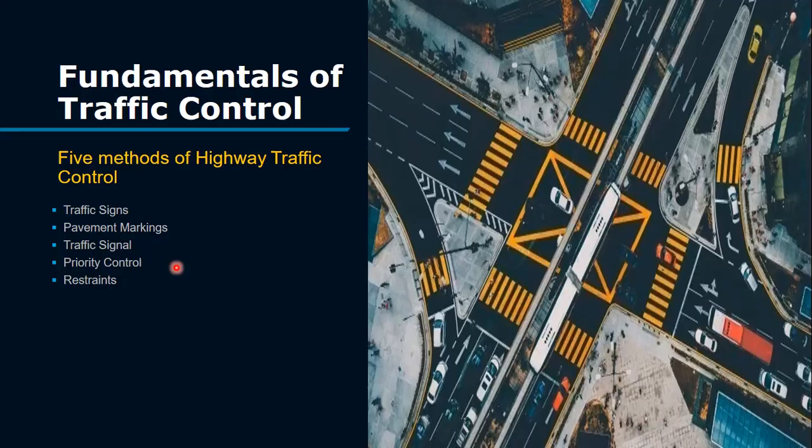And the other one is the restraints. Okay, it is an alternative to banning traffic. So traffic control planners use devices to discourage heavy use of routes. So what are these restraints? An example of restraints is the building of islands in the centers of intersections, forcing drivers to proceed slowly.